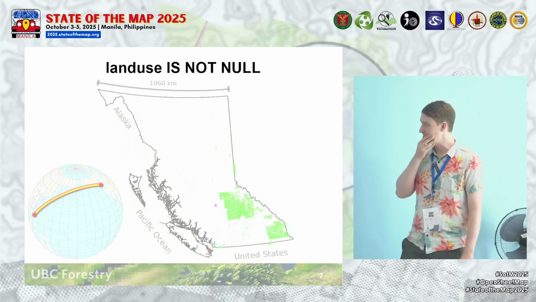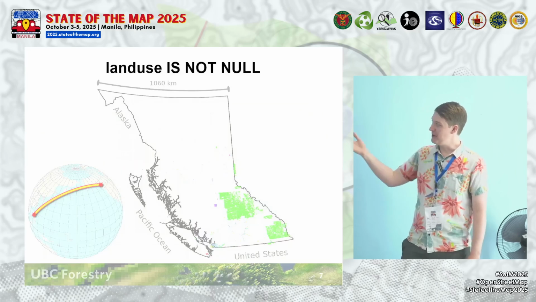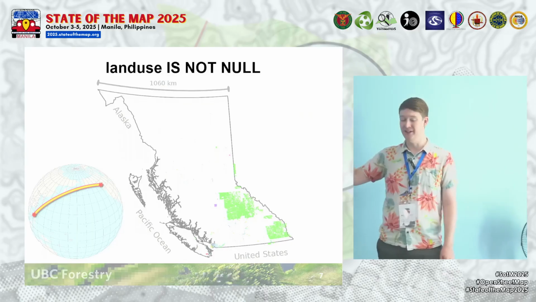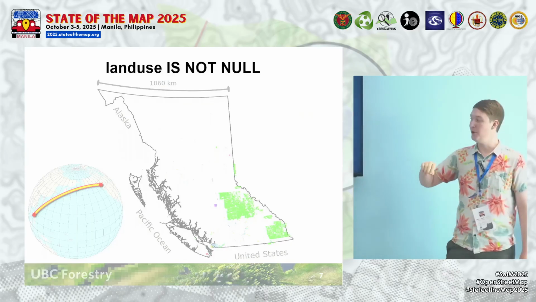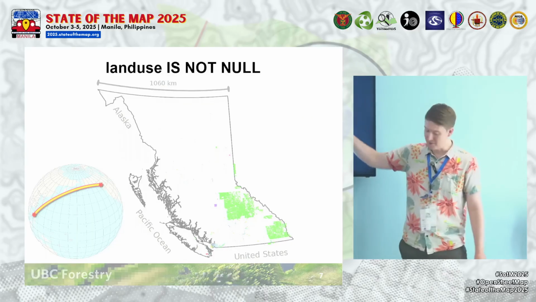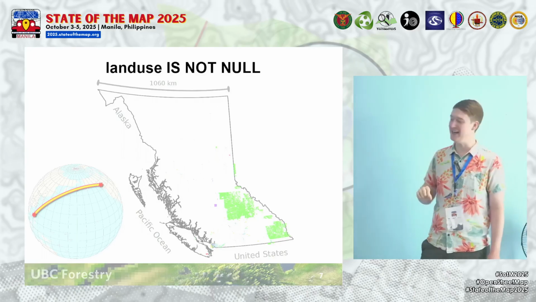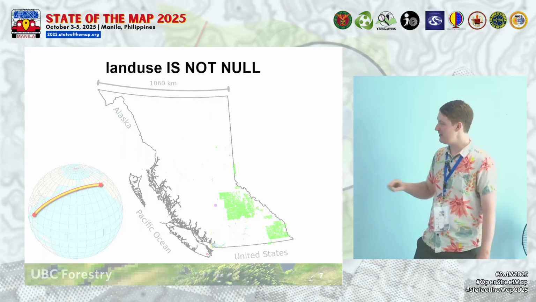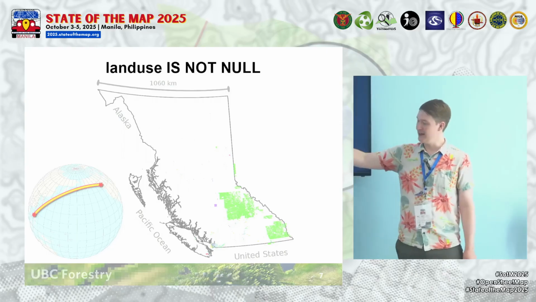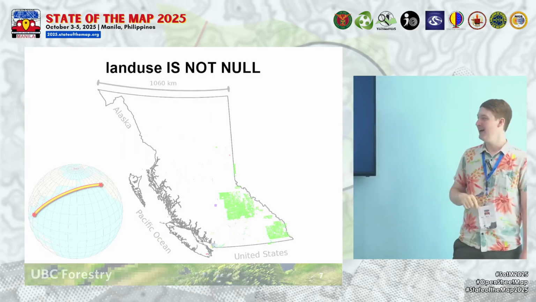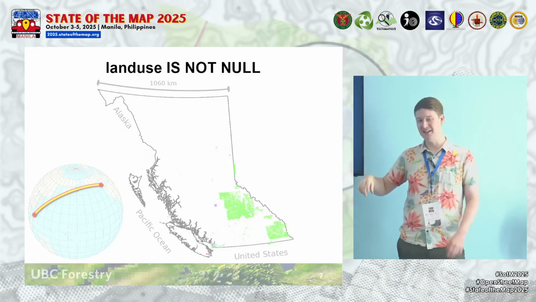Next slide, please. The other challenge with land use is that there's not much of it, at least in my province. These are all the places where there is a valid land use tag, which is not much of the province, but some of the areas that we're missing from the other map are forest as a land use that are here.